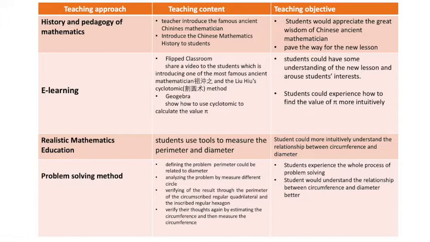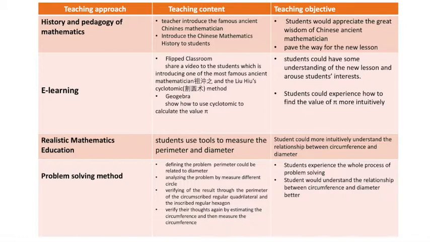The e-learning approach has also been used. For example, the flipped classroom. It is a pedagogical model in which the typical lecture and homework elements of a course are reversed. Before lesson 2, the teacher shared a video with the students, which introduces one of the most famous Chinese mathematicians, Zu Chongzhi, and Liu Hui's cyclotomic method, so students could have some understanding of the new lesson and arouse students' interests.